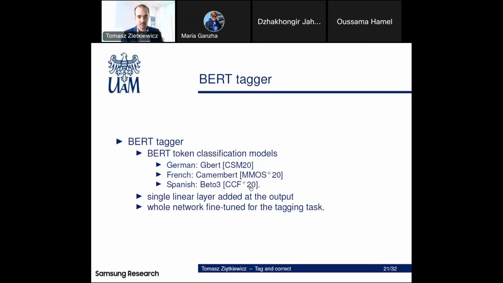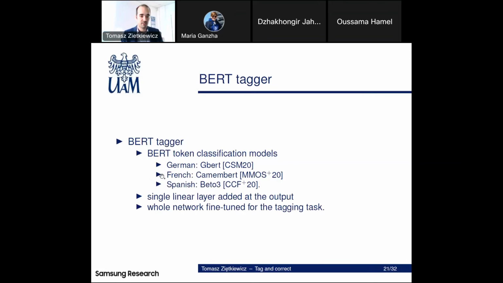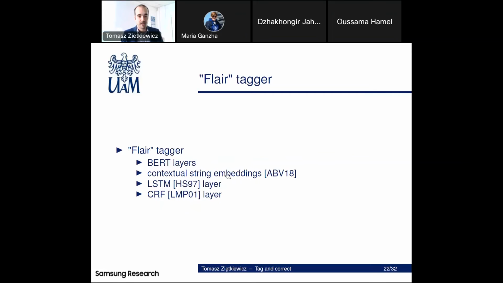So that's one tagger model, and the other I tried, I called it Flair tagger because it uses the Flair natural language processing library or framework, and it can be seen as an extension of the previous tagger because first it uses BERT layers, just the ones described here, and then it has added contextual string embeddings, something specific to Flair. Then an LSTM layer and a CRF layer, so a conditional random fields layer at the end.